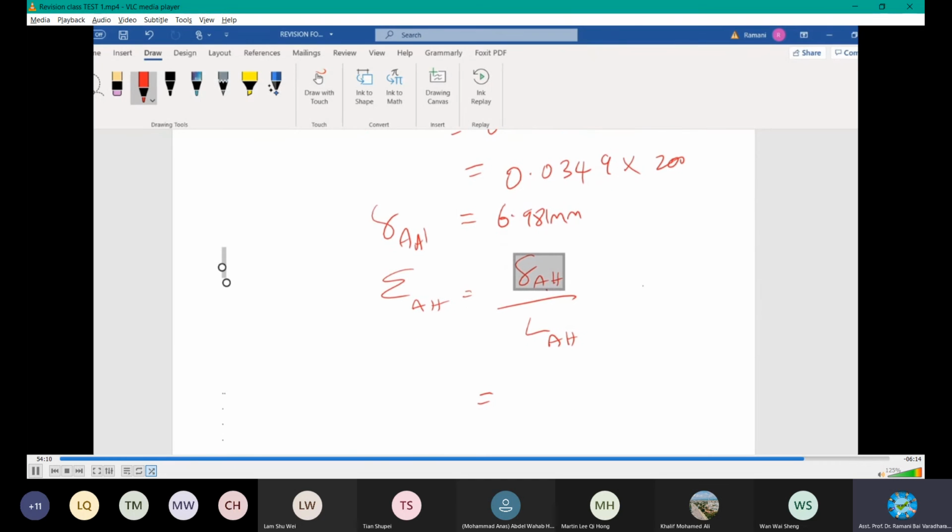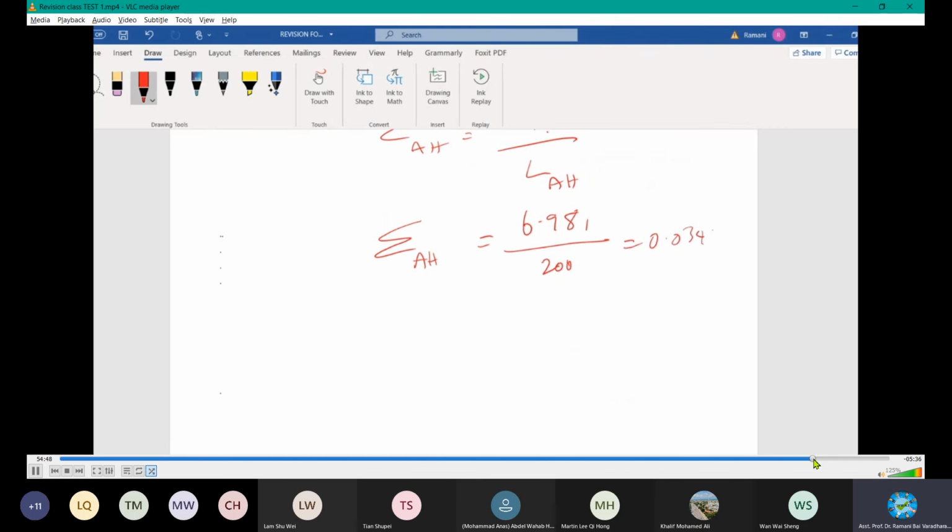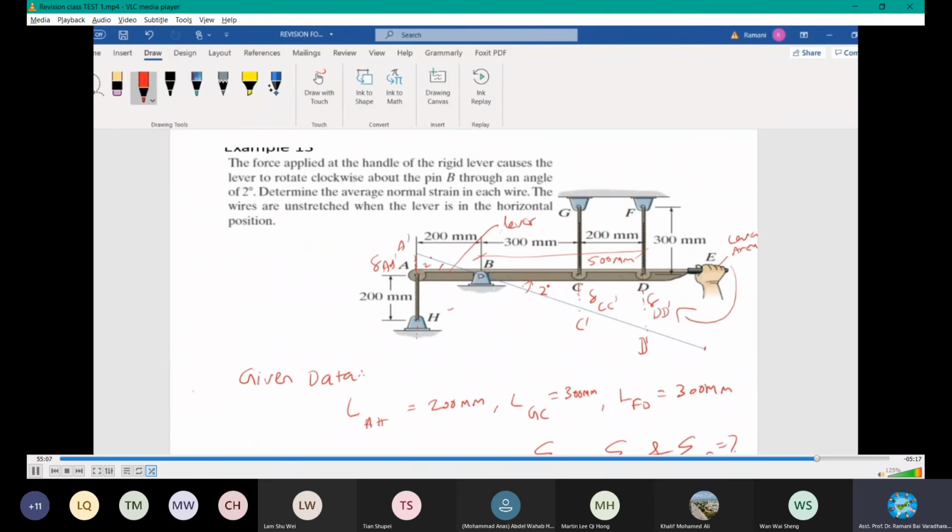Just now we found out 6.9813, you can keep it, and the original length LAH is how much? 200, right? So 0.0349 mm per mm. This is strain, so the unit will be mm over mm. Just write it like this: change in length to the original length, all in linear meter. Let's find out the second value. We need to find the strain value at CG.